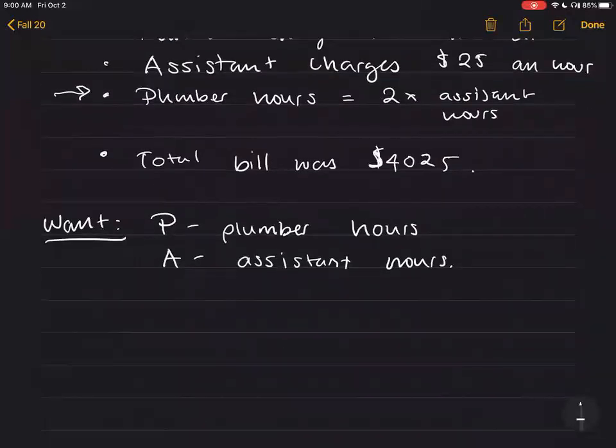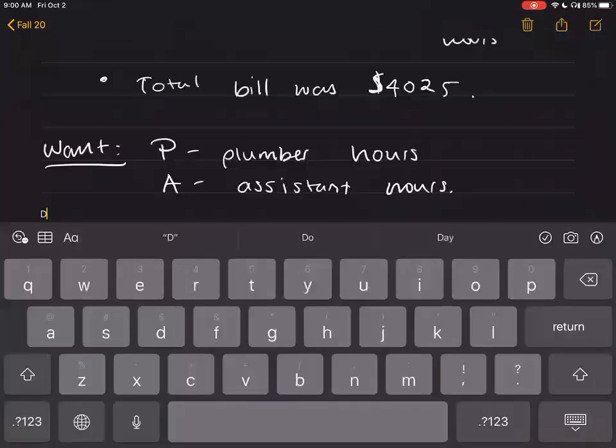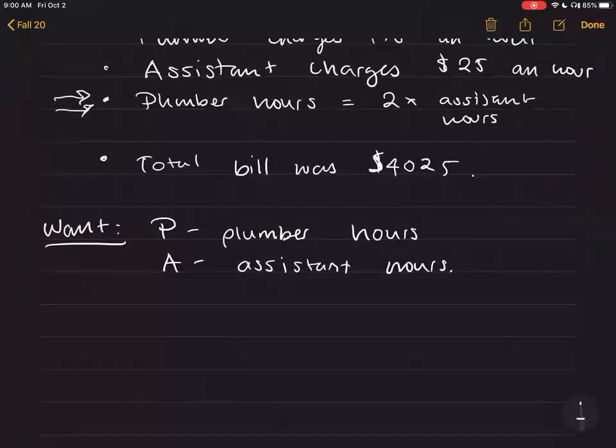So if we write this important bullet point in equation form, that's P equals 2A, because the plumber works twice as much as the assistant in terms of time.